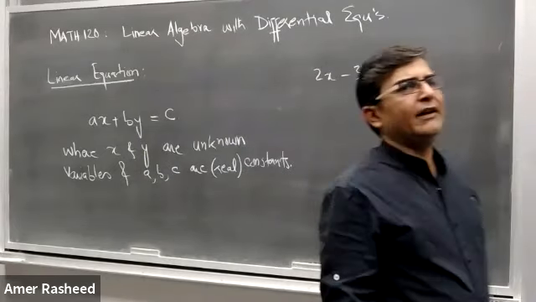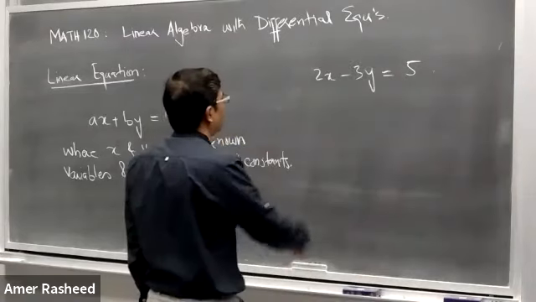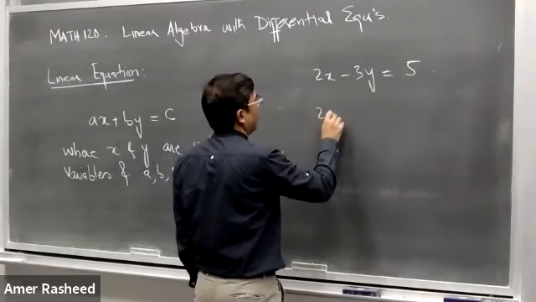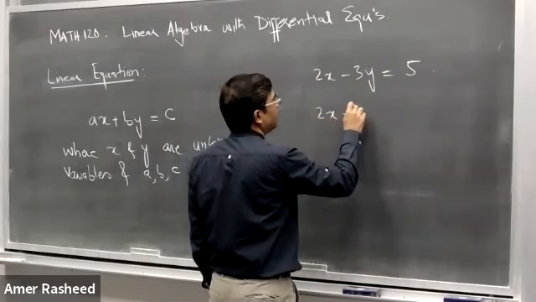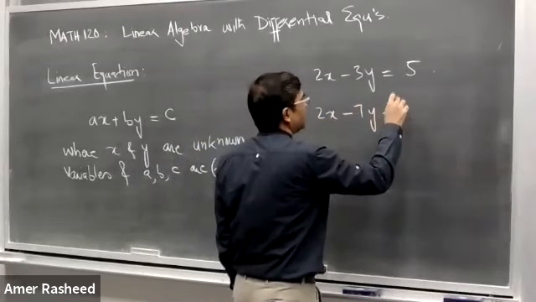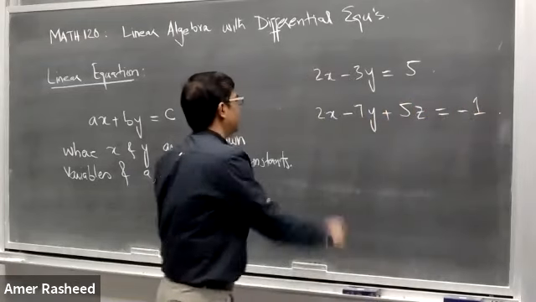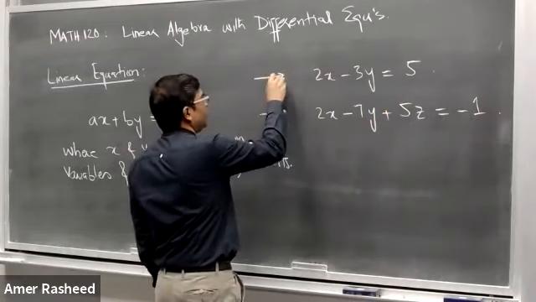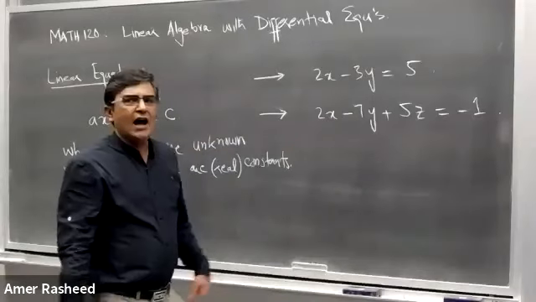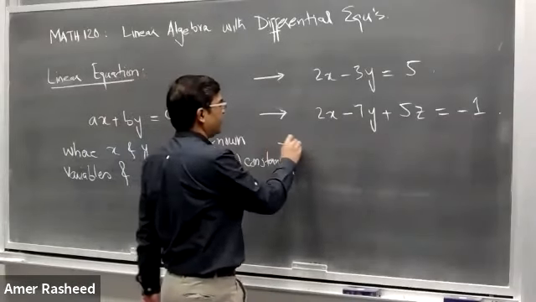We can have a linear equation in three variables as well. For example, we can write 2x plus 7y plus 5z is equal to minus 1. So this is another example of a linear equation in three variables. We can have linear equations in more variables as well.